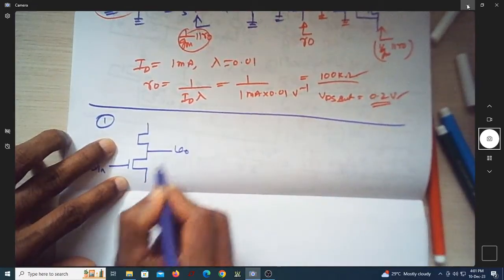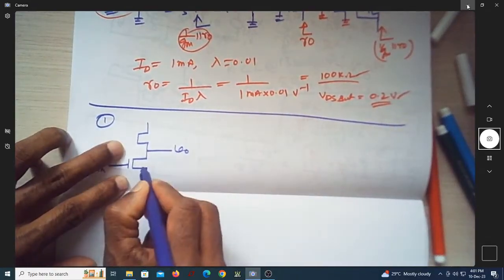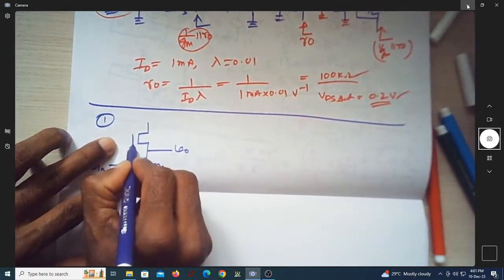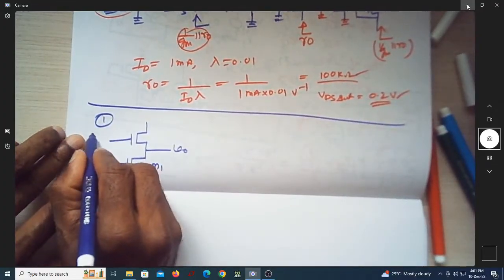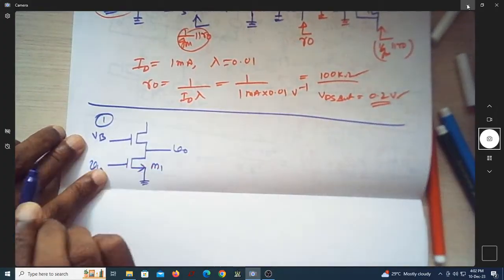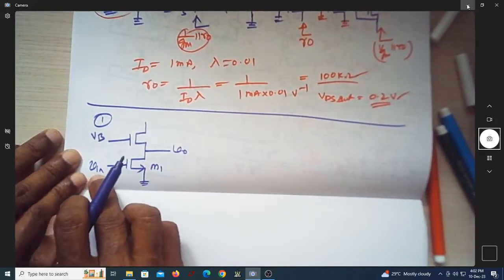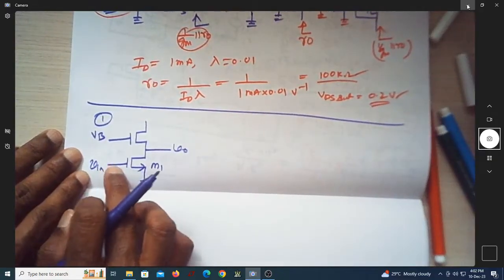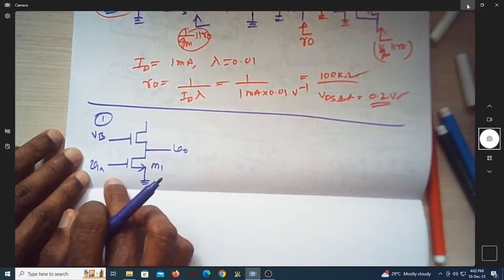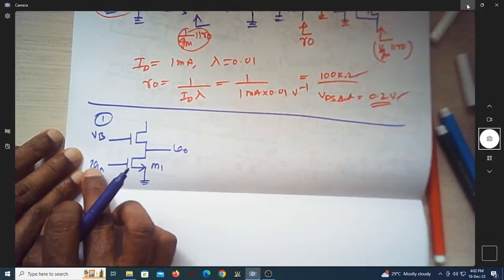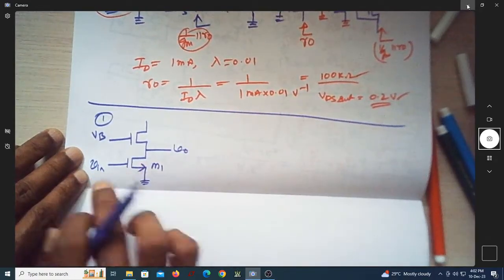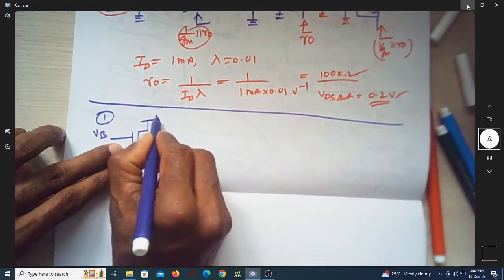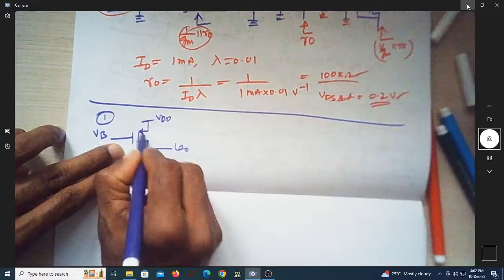This is my output voltage measurement point, and here is my transistor M1, source grounded. This is my other transistor, where I'm applying some bias voltage VB. Here the input Vin also has a VB. Vin alone is not sufficient, I should bias this also. So here I am applying the input voltage plus the DC. Here there is only a DC voltage. So there is a PMOS transistor.